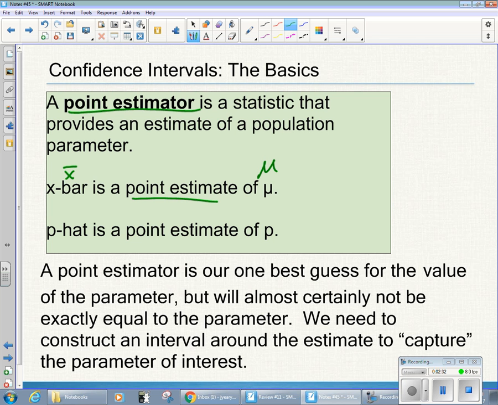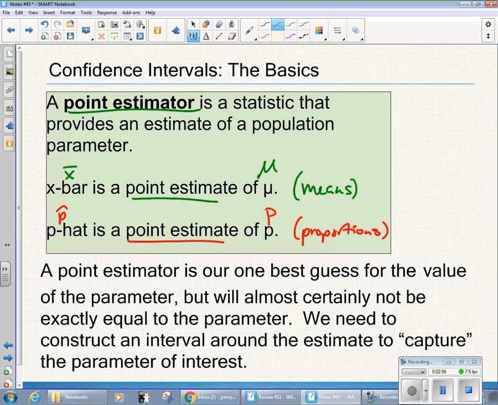Basically what we're hoping by taking a sample is that the sample tells us something about the whole pie. The same would be true for proportion. So this would be our means language, and then as always, there could be proportions. In that case, we say that p hat is the point estimate of p.